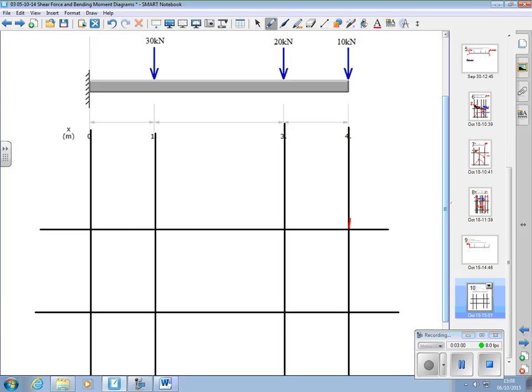So it starts up here, and we've got a reaction force of 10, and then another 20, which takes us to 30, and then 60 by the time we get to here. So that's 60, 10, 30. Gives us our shear forces.